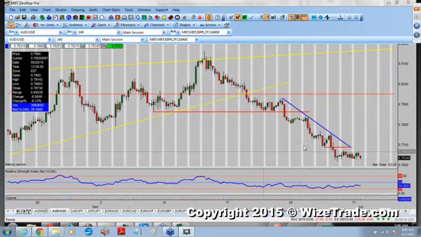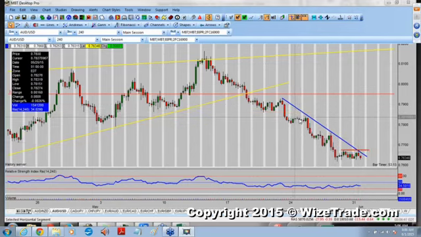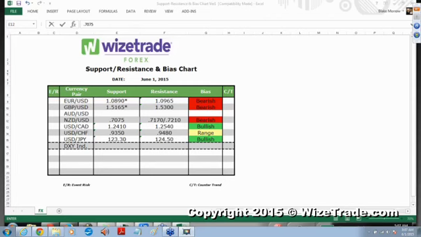And if you look at the Aussie, it's held by this trend line. So really, unless we break above 76.70, it's bearish. And then support's going to be right through here at 76.17, so 76.15.